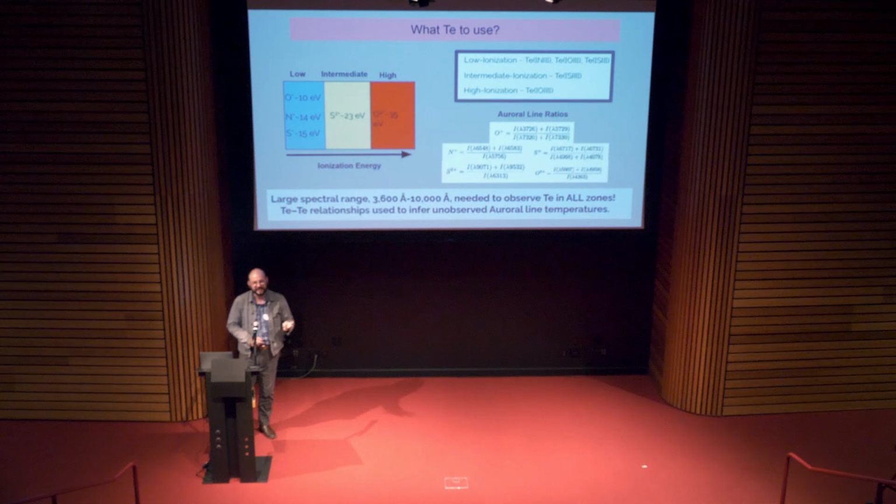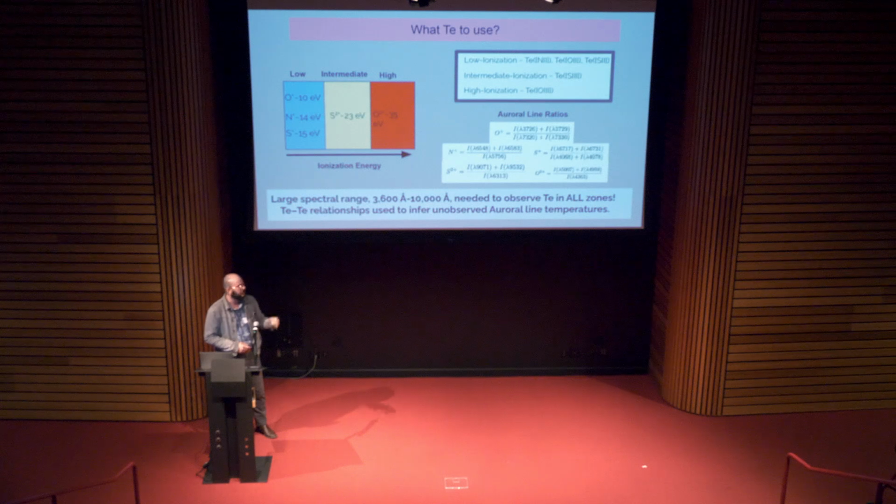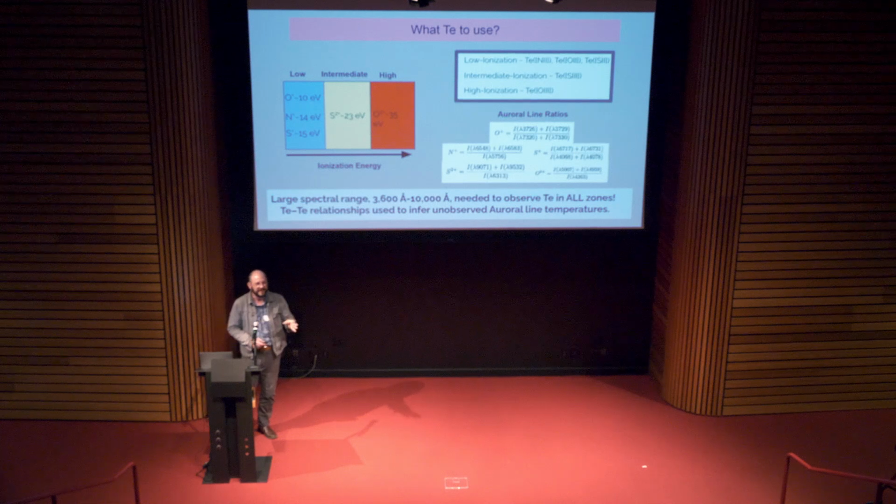And each ionization zone can have its physical properties described from the emission of different ions that are largely dominant in that zone. So for example, in the low ionization zone, you'll have a lot of O2, nitrogen 2, and sulfur 2. The intermediate ionization zone is sulfur 3, and then the high ionization zone is going to be your oxygen 3.